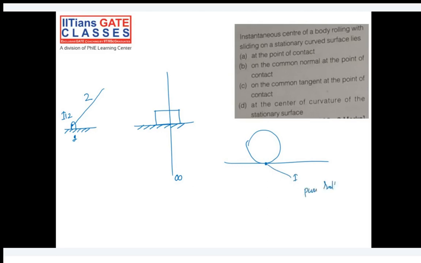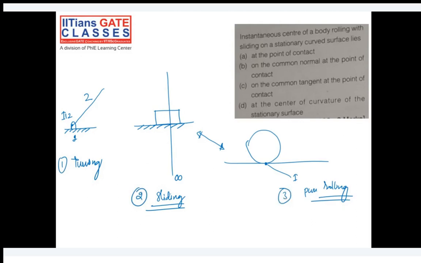But this case is like in between these two. Okay, if you see the instantaneous center of the body rolling with sliding, so this is sliding, okay, this is rolling, and this is turning. So turning is, let's say, 1, sliding is 2, and rolling is 3.